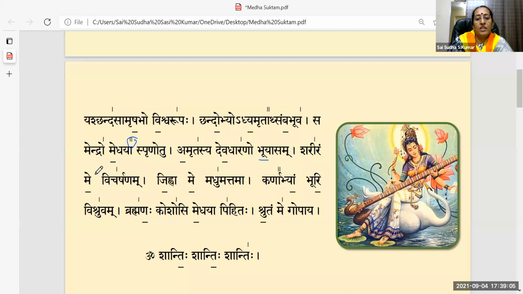So as we have seen, pa, pha, ba, bha, ma. So for ma it will be shariram. Me vicharshanam. Then here again vicharsha. Sha is very important.